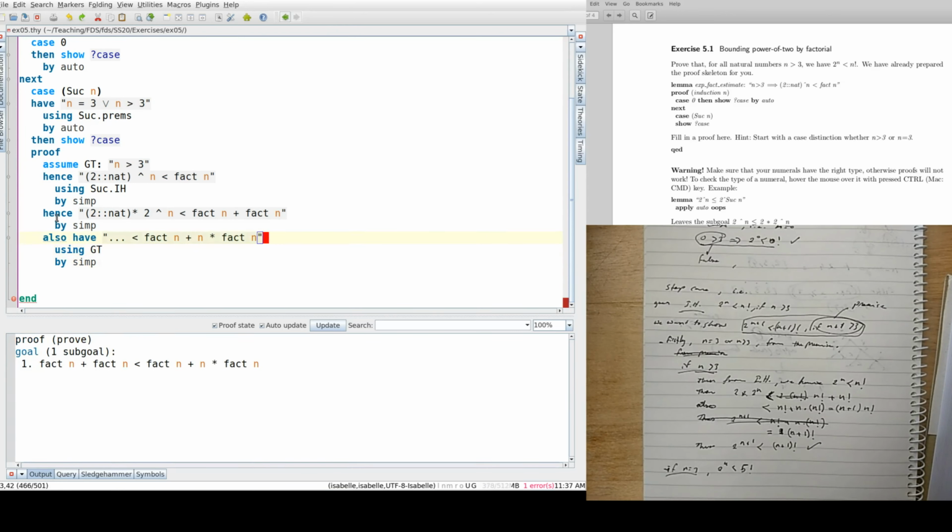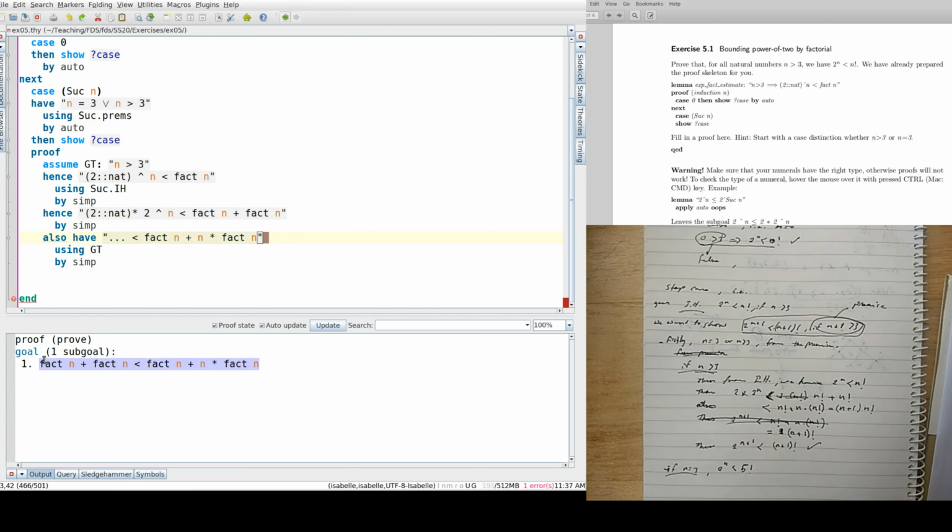So when you say also have something, and then dot dot dot, that dot dot dot is the right hand side of the previous equality or comparison. Okay, so here in this case it is fact n plus fact n, so that's why this thing there is equivalent to that actually.